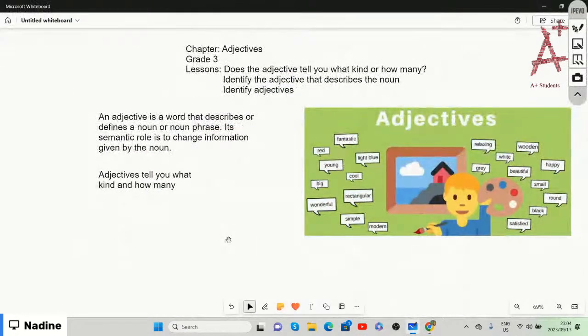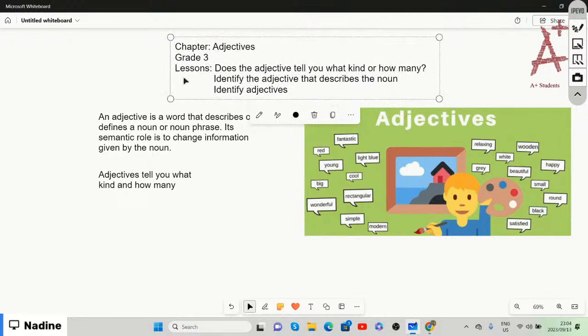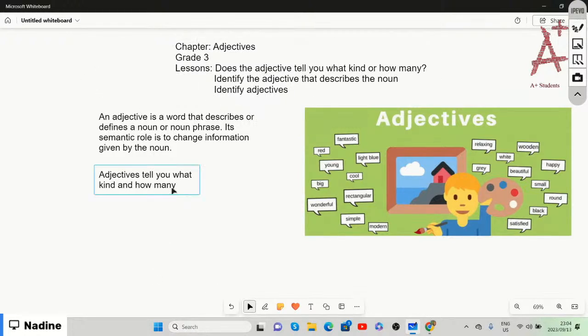All right, let's start officially. So we said our chapter is adjectives, grade 3, and the lessons that we are focusing on are does the adjective tell you what kind or how many, identify the adjective that describes the noun, and identify adjectives. That is going to be our focus for today.